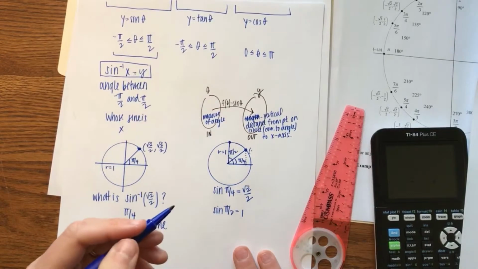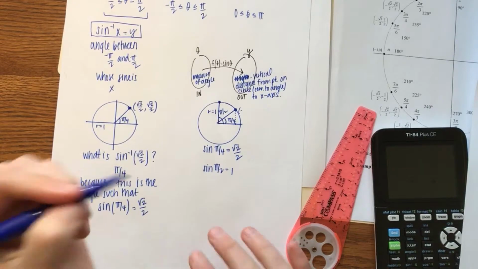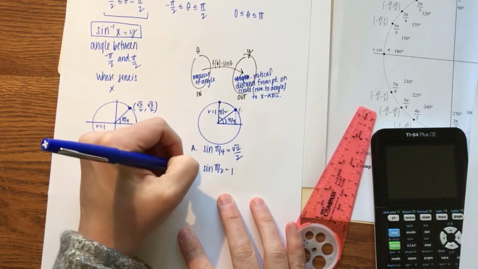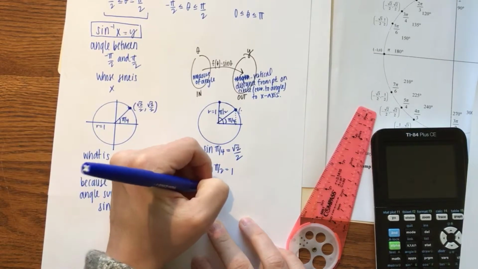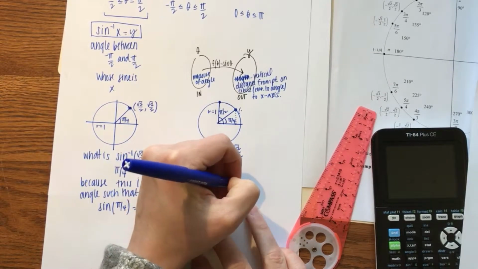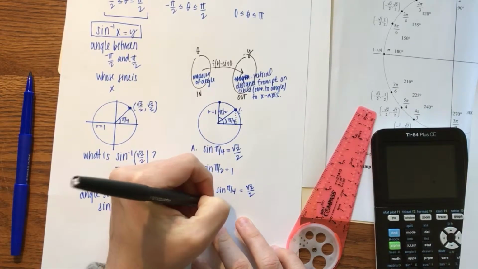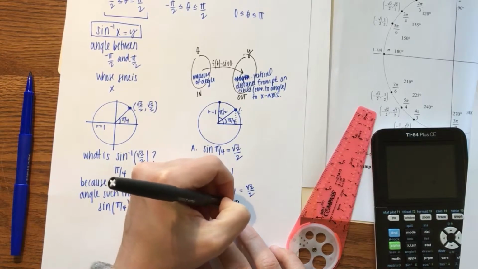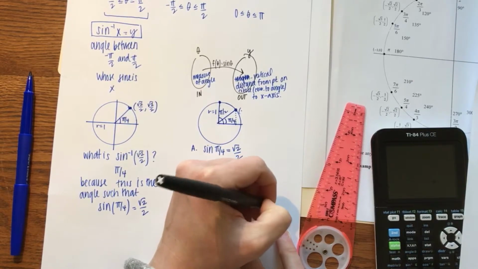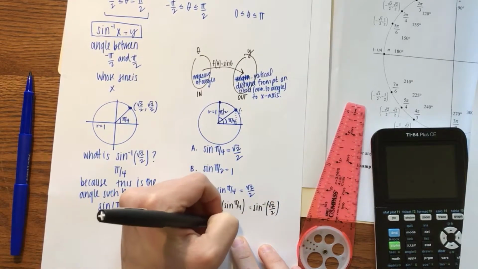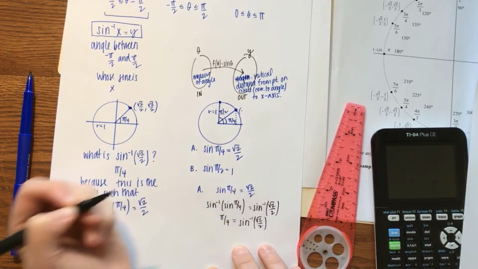Well, the inverse, if we were to go back to method 1 from earlier in the warm-up, and we take each of these in turn, let's look at A. So we have sine of pi fourths is square root 2 over 2. So now if we take inverse sine of that, to maintain that equivalence, we get pi fourths equals sine inverse of square root 2 over 2.